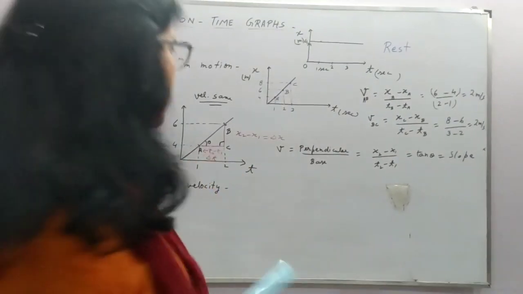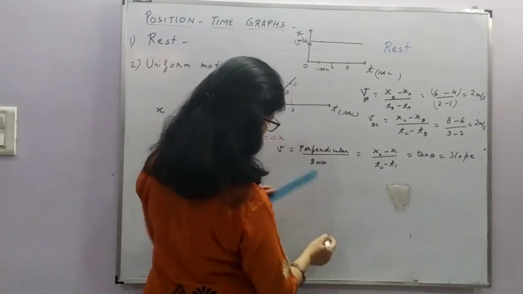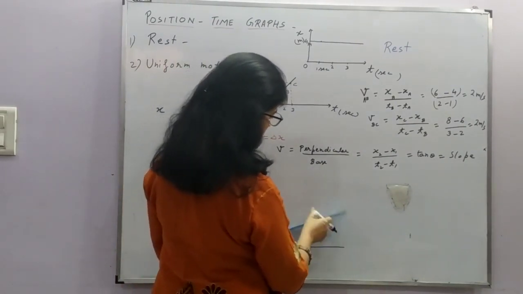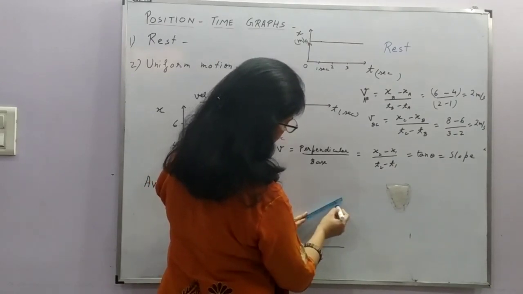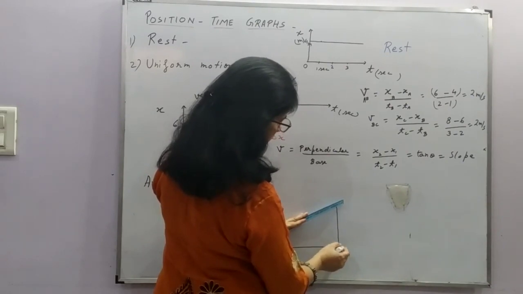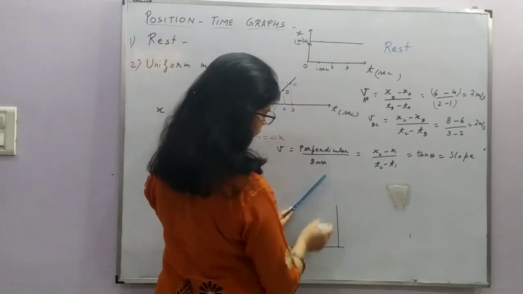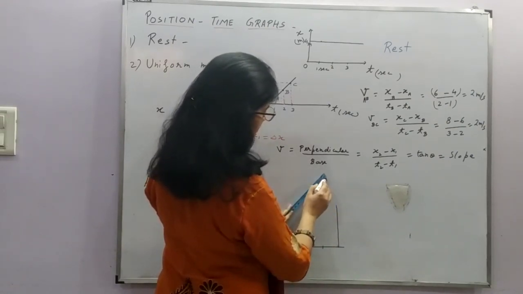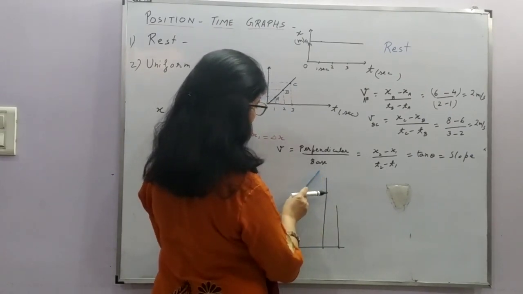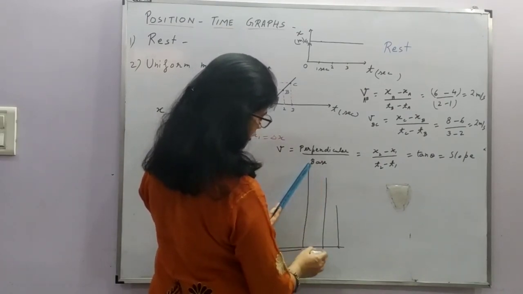Suppose we consider this scale. This is horizontal. How much is the slope? 0. If we increase this, suppose this is the line and this is horizontal, we cover some vertical distance for this horizontal distance. If we increase the slope, then for the same horizontal distance it has covered more vertical distance.